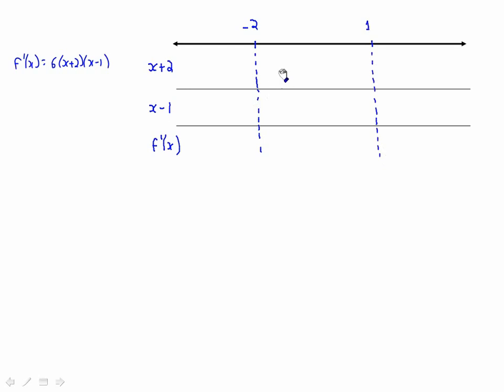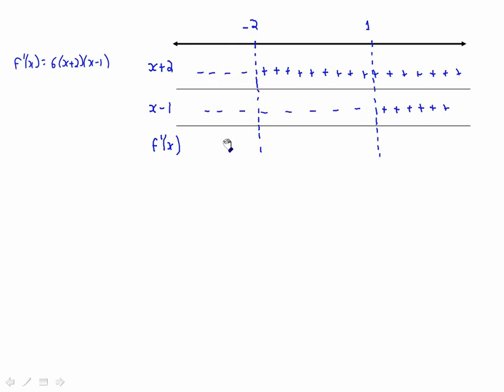And then we note the behavior. At x plus 2, that factor is positive when x values are greater than negative 2, and negative for values less. And then x minus 1, positive to the right of 1, negative to the left of 1.